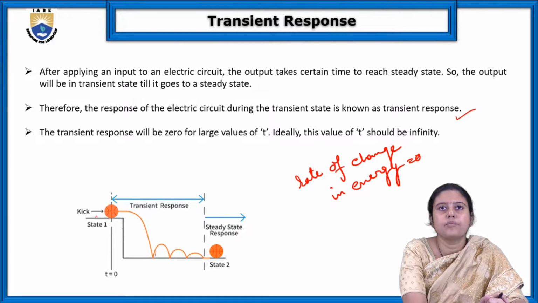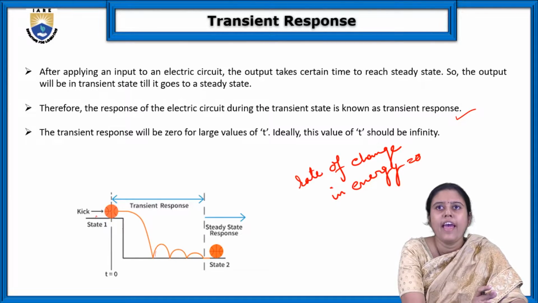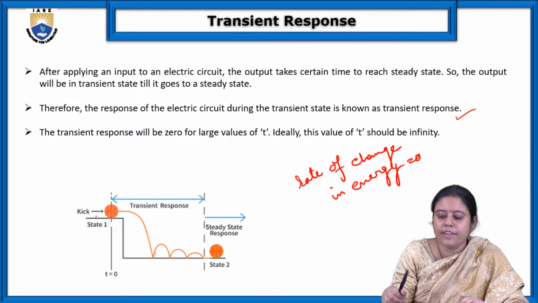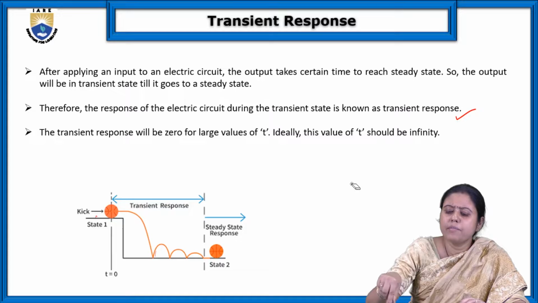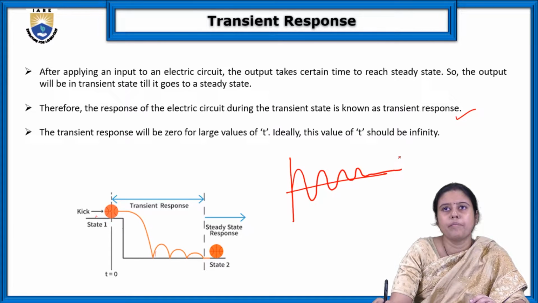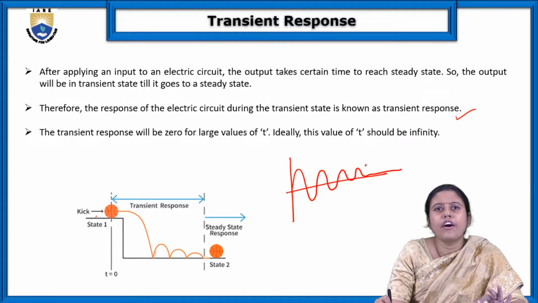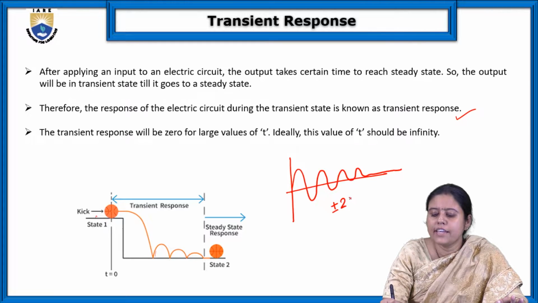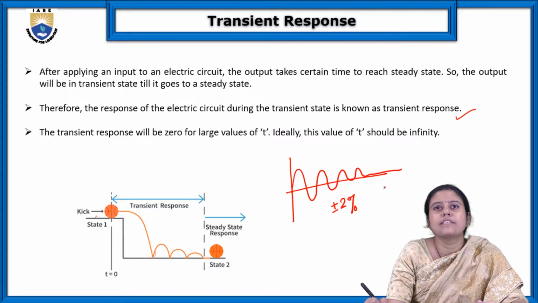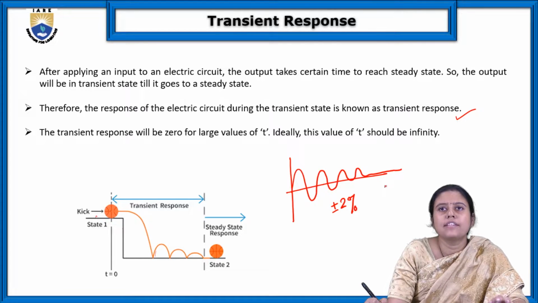The transient response will be 0 for a large value of t, and ideally t should be infinity. What does it mean? If we draw this, it will go to the stable condition. Generally, from the control system or electrical engineering view, if the level is within plus minus 2%, then we can say the system is stable.